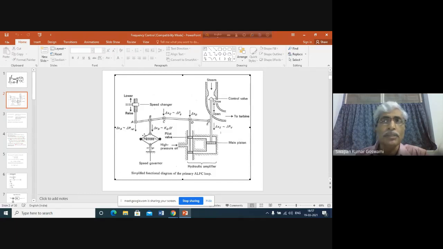How? Because of the change in the speed, the position of B is also changed. So these things are happening automatically. Only the change in position of A has actually been given by the operators. The operator can change the position. So he can either give a power increase command or a power decrease command.